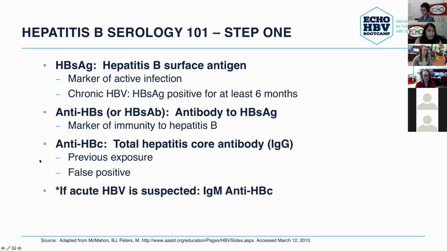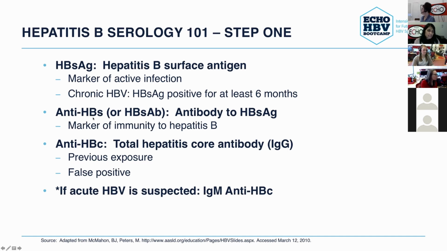So when we think back to what we covered as screening serology 101, the very first critical step in terms of identifying people with infection is screening. The screening tests that are often used include hepatitis B surface antigen, which again is the marker of active infection. One of the definitions of chronic Hep B infection is having that surface antigen positive for at least 6 months.